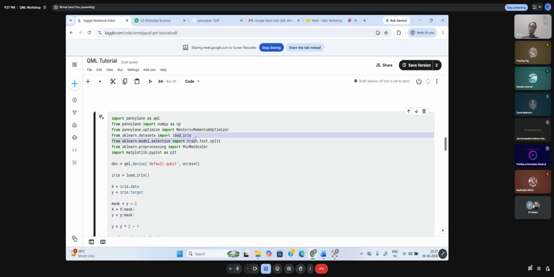It's a multi-class classification problem. The features are sepal length, sepal width, petal length, petal width.